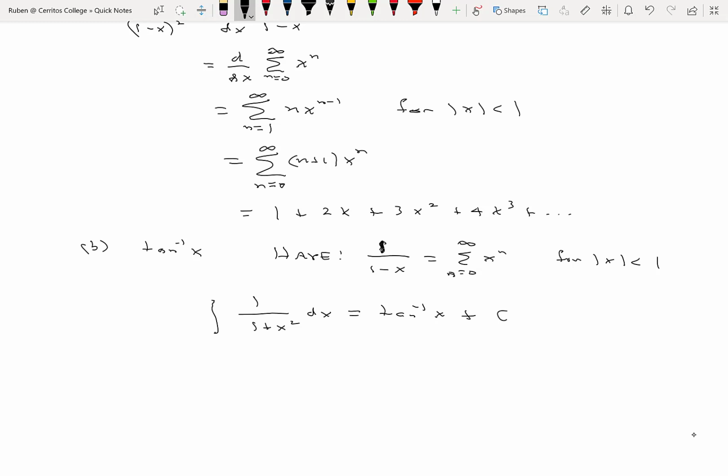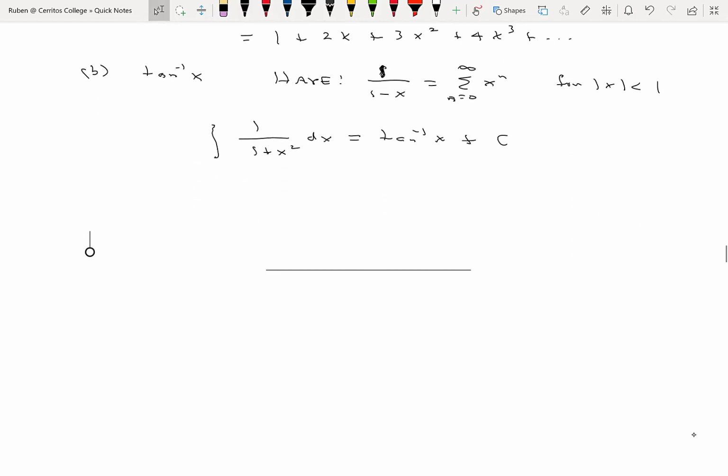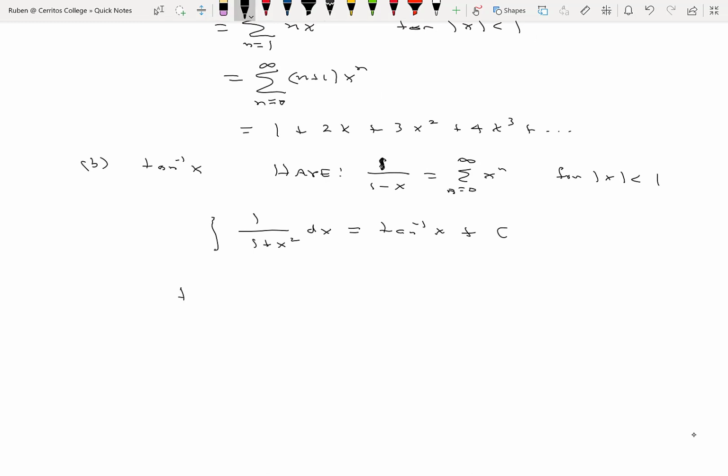This is an old standard for us. So what I'd like to do is write this formula a little differently. I would like to write this formula as the inverse tangent of x equals, let's put the constant of integration on the other side, a constant of integration plus the integral of 1 over 1 plus x squared.